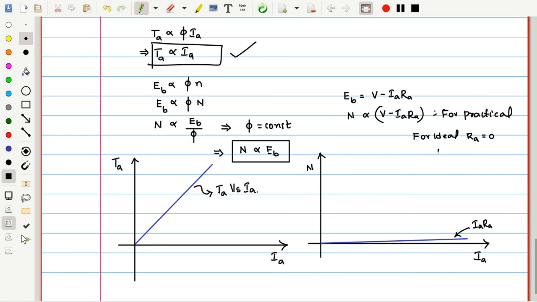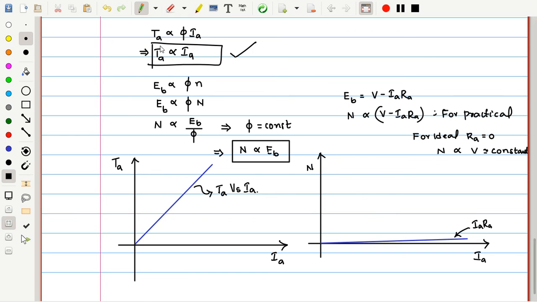If Ra is 0, try to see what the speed will be. The speed is almost constant. Why? Because V means supply voltage, and the speed is proportional to the supply voltage. What is the nature of the supply voltage? Supply voltage is not a variable voltage, it is constant. So the speed is almost constant, no change in the speed, in the ideal case.